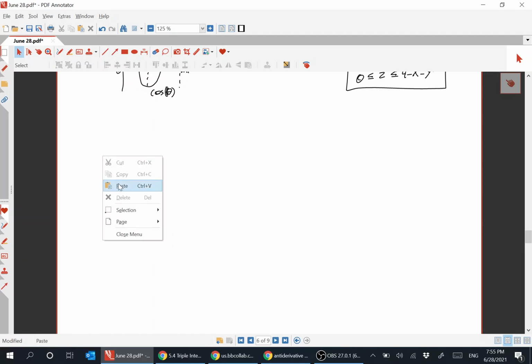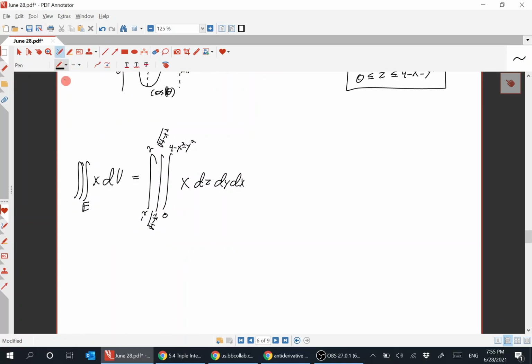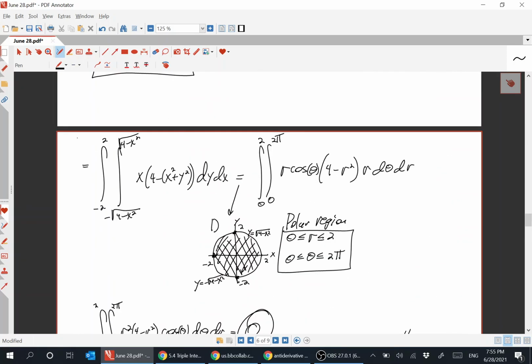then it would play out like this. There's a 0 here, so this is equal to this integral, but with a 0 down there.